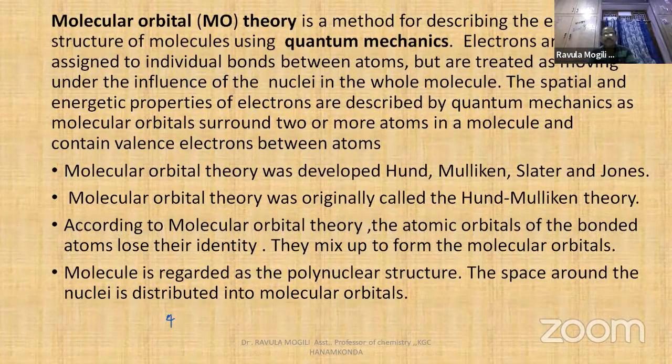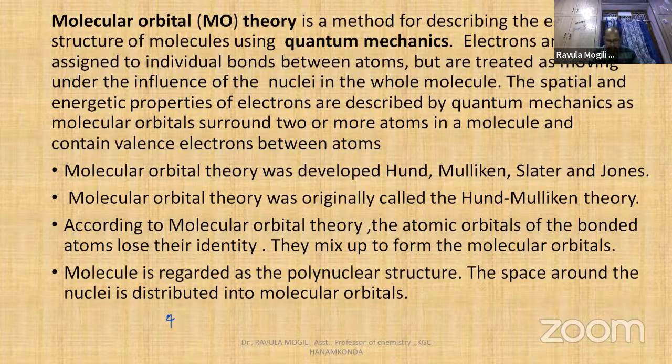Here also, when two or more atoms combine, the total electrons are attracted by all the nuclei in a molecule. The electrons are attracted by all the nuclei in a molecule. That is meant for a molecular orbital.